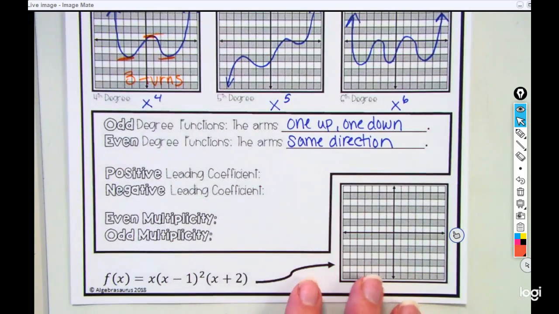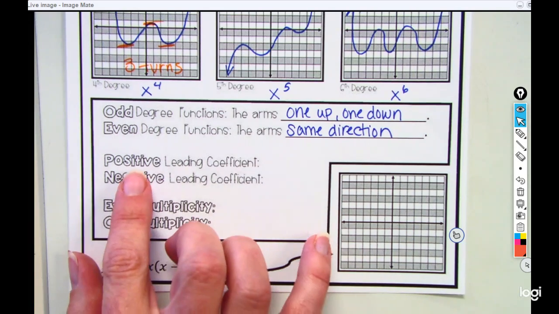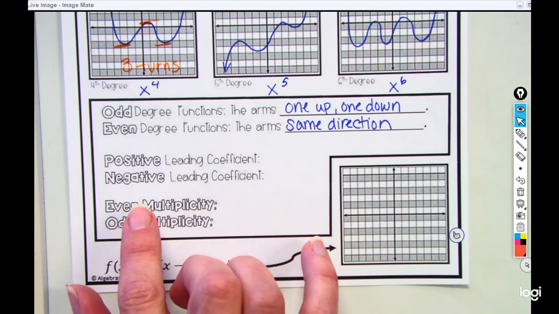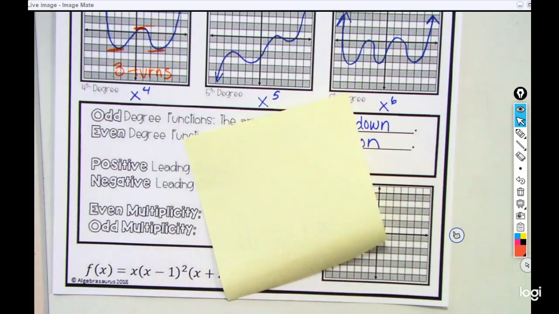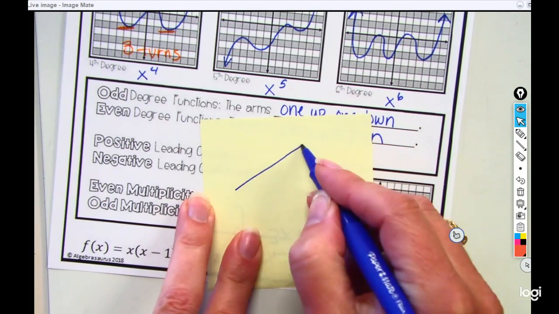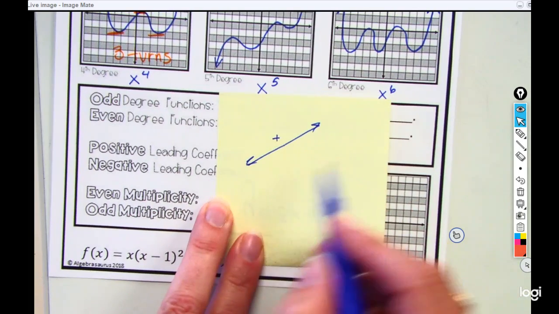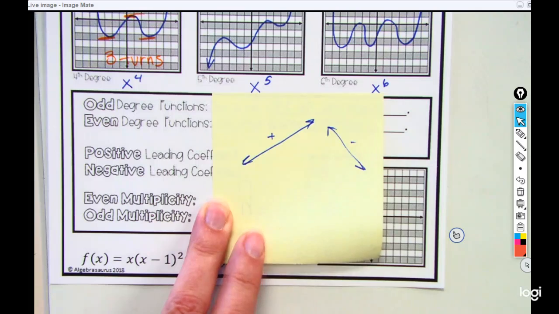Something that is very, very important to know is what direction our arms go based on if our leading coefficient is positive or negative. So you guys know that this is a positive slope. Do you agree? This is a negative slope? Yes. All right.